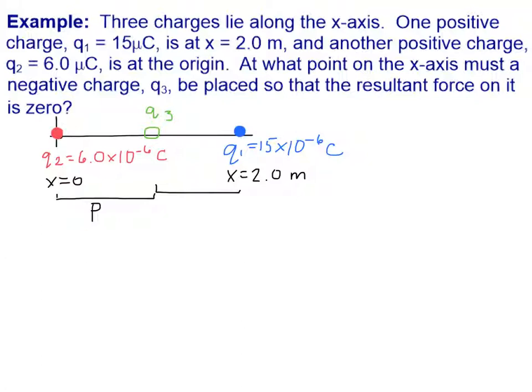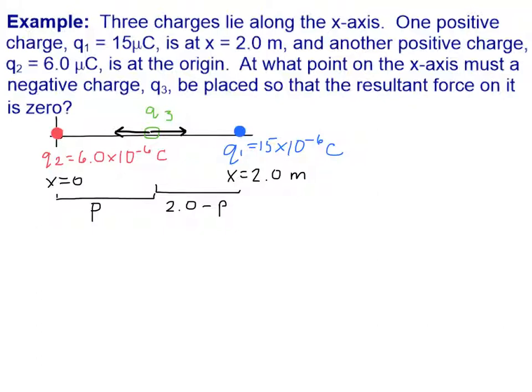If we think of the distance between these two charges as some distance p, then this distance here between these two charges is going to be 2.0 minus p. Now we know that at equilibrium, the force here is going to be equal to the force here.